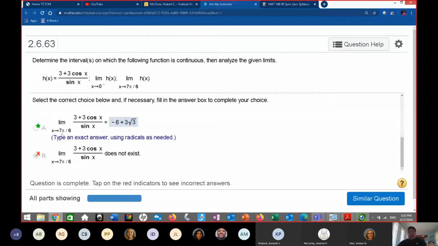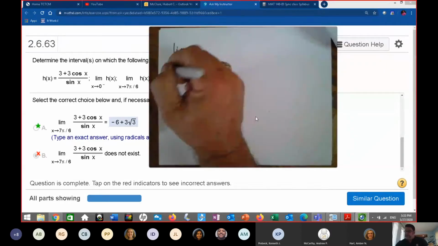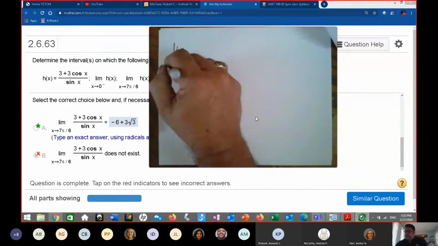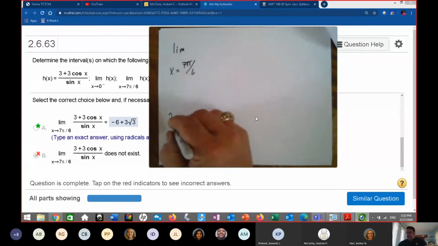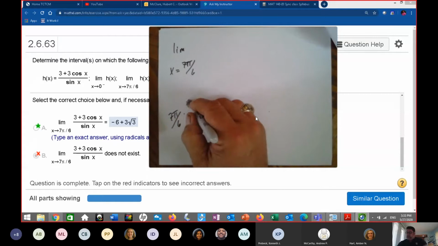So I'm going to go to the next problem. And I'm going to do the limit as x approaches 7 pi over 6. Well, I don't know what 7 pi over 6 is. So I change 7 pi over 6, multiply by 180 over pi.